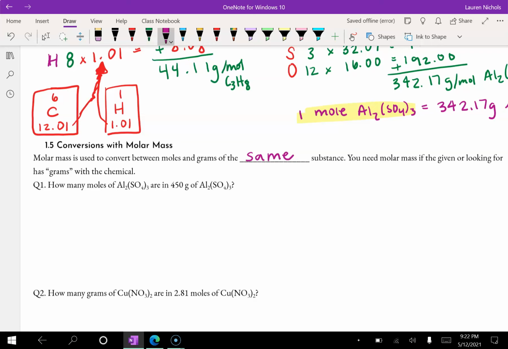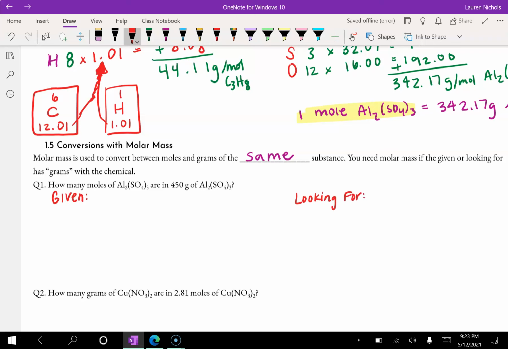And so this was skill number 5 that we learned in Unit 1. And so we know when you're looking at a problem that you're going to need your molar mass if what you're given or what you're looking for has grams with that chemical. So if we look at question 1, it says how many moles of aluminum sulfate are in 450 grams of aluminum sulfate? And so what you need to do is first label what you're given and what you're looking for.